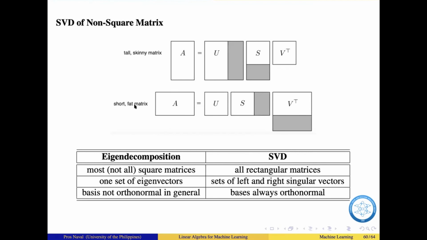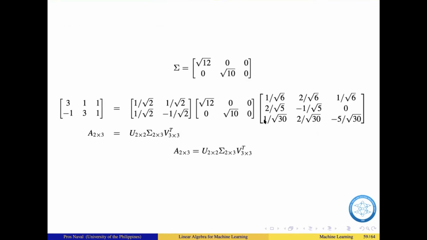Again, for the short and fat matrix, the lower rows of the V transpose matrix here will be annihilated by the zeros in the columns of sigma. Let's go back. So this is your column. Okay, this dimension here will be annihilated because of this, right?